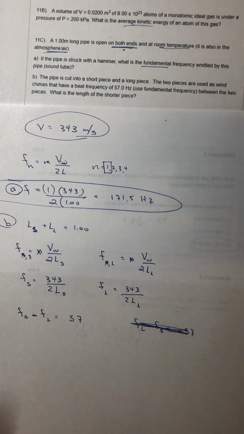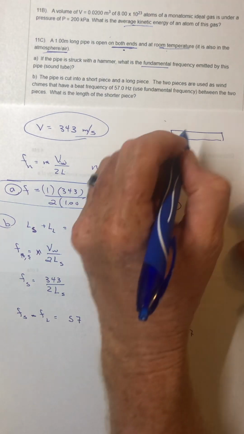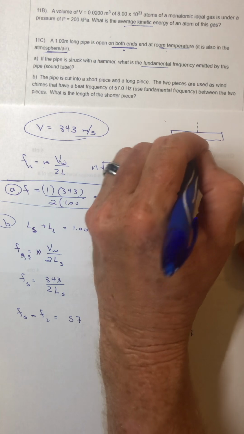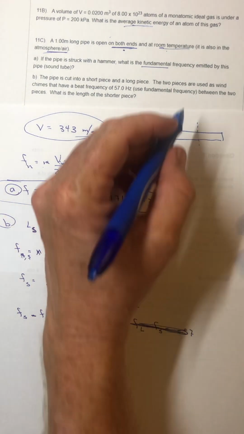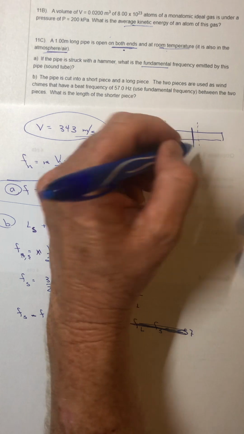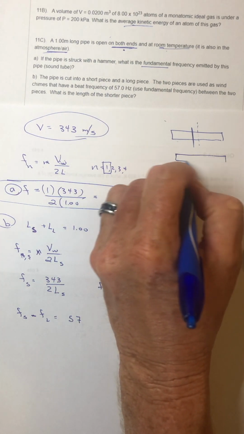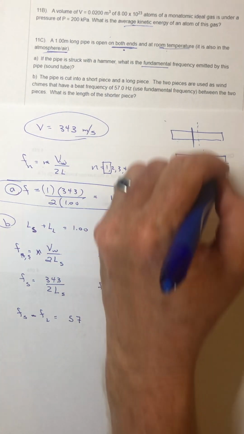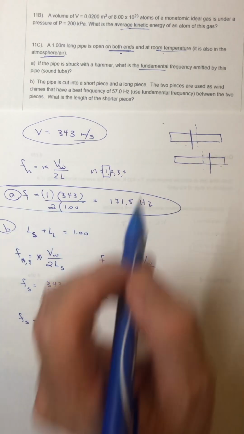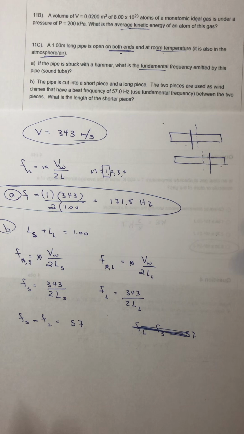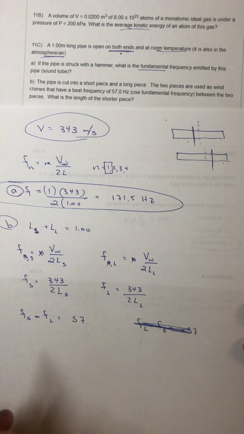Anyway, what I'm trying to say is, if you cut it, say here's the middle, if you solve it without the absolute value, you'll call that the short piece. If you then put in the absolute value, you'll get that piece. But either way, this will be the short piece, and that'll be the short piece, and it'll be the whatever length. So because of that, I'm just not even going to put the absolute values or worry about this minus sign here.